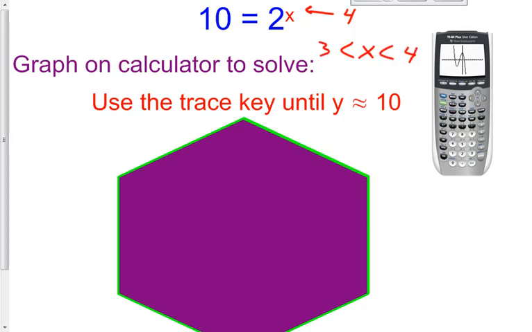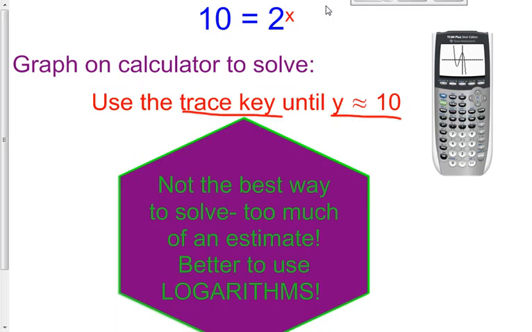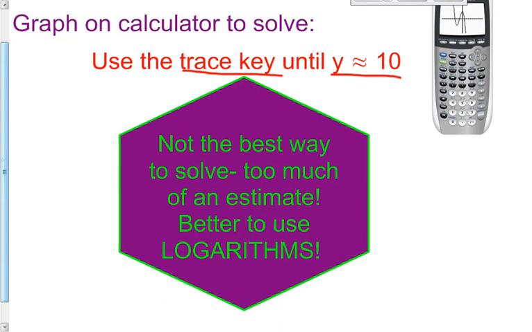What number is that? Well, one way that I could do it that isn't very good is I could put it into my graphing calculator and then use the trace key until we get it somewhere close to 10. But we're not going to get it very exact. So what's better is to use logarithms.